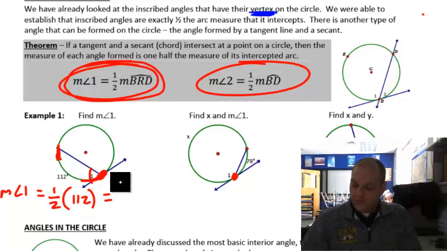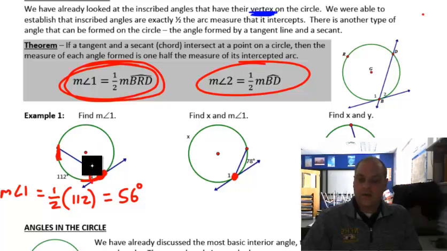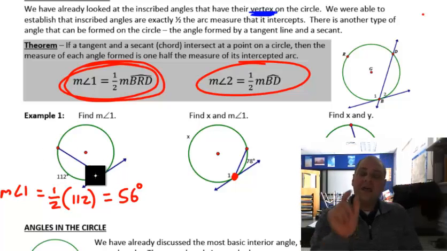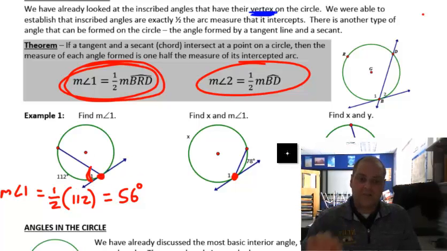Half of 112 is 56. So the measure of angle 1 would be 56 degrees because it's half of the intercepted arc. Why? Because the vertex is on the circle. That's what's important in this part of the lesson.